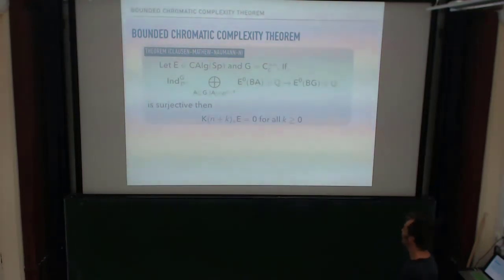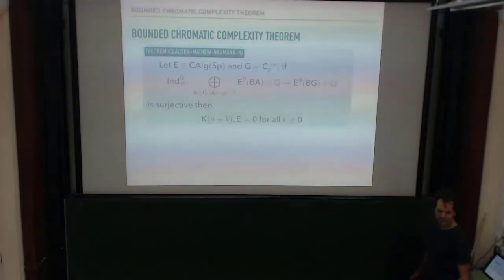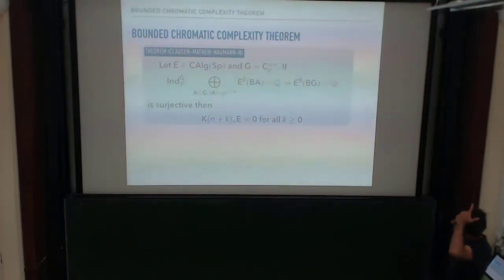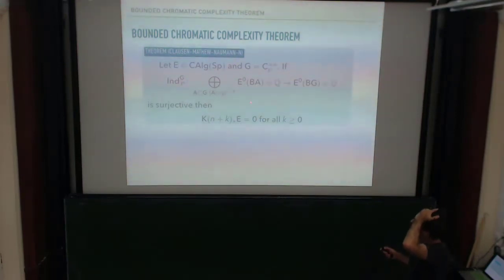What does that tell me? That tells me that all of these Morava K-theories K(n+k) vanish for all k greater or equal to 0. Sort of a bizarre result, I think. And it's part of a general picture relating equivariant homotopy theory and chromatic homotopy theory.